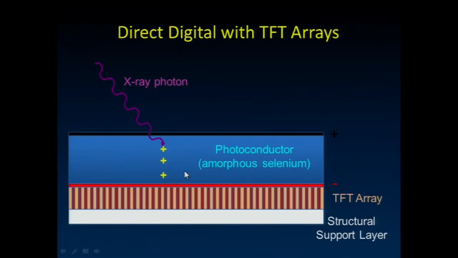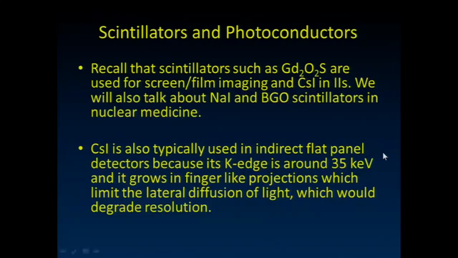So unlike our scintillators and our phosphors and our screens, we don't get that spreading out of the light like we did there. This electron moves linearly down to the closest point on that thin film transistor array. So, nice resolution properties here.